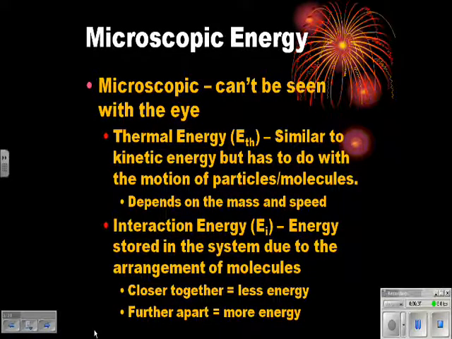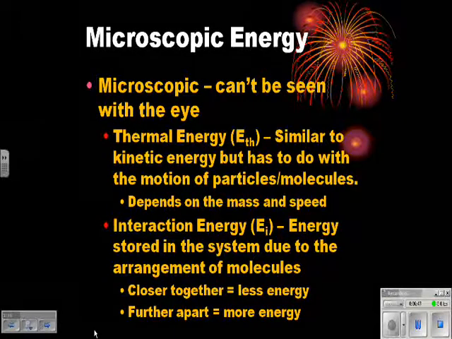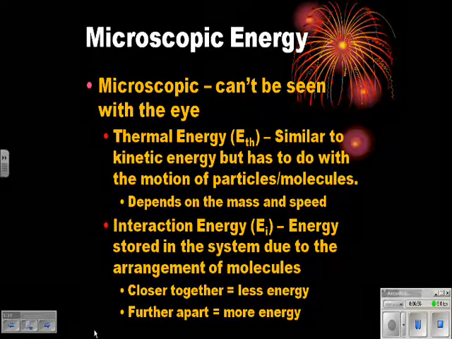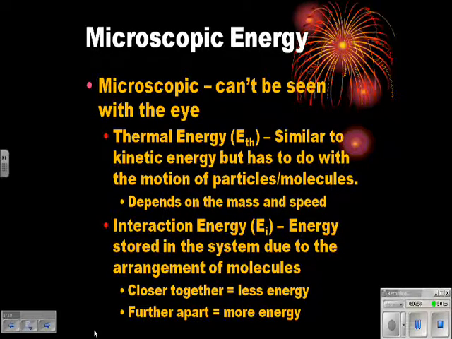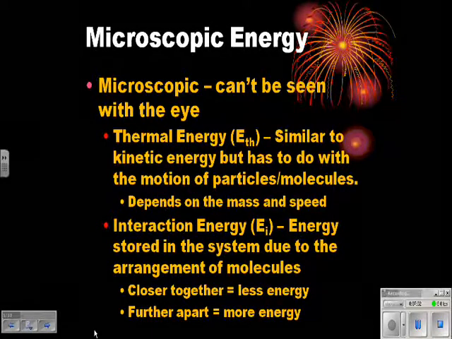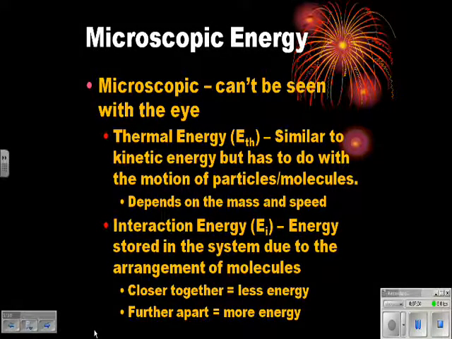Again, it has to do with stored energy. Think about a solid versus a gas. In a solid, the particles are close together and have less overall energy than the particles in gaseous form, further apart. The interaction energy is based on how they're interacting with each other, hence the word interaction energy.